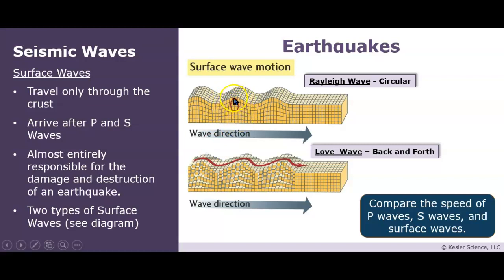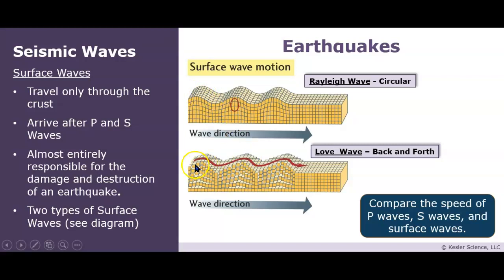In a lot of ways, it's very much like an ocean wave, in that the earth particles are moving in a circular motion as the energy moves through. Sometimes, if it's a very violent earthquake, you can actually witness the rippling effect of these Rayleigh waves for a few seconds.